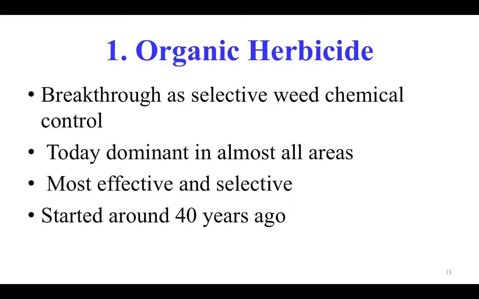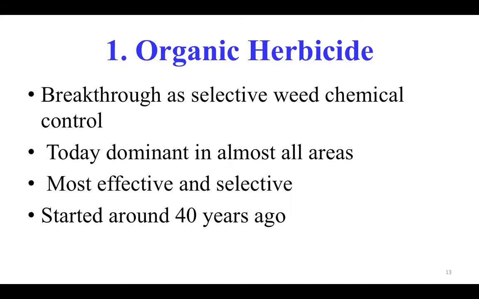Organic herbicides, organic meaning the product is made from chemicals that occur naturally in nature. They may break down quickly, leaving no residual effect, and they are dominant today in almost every aspect of life.